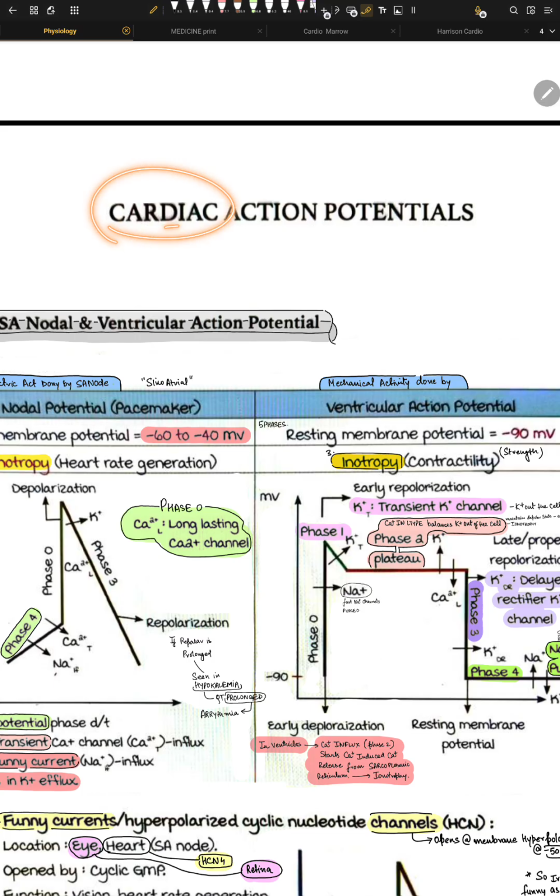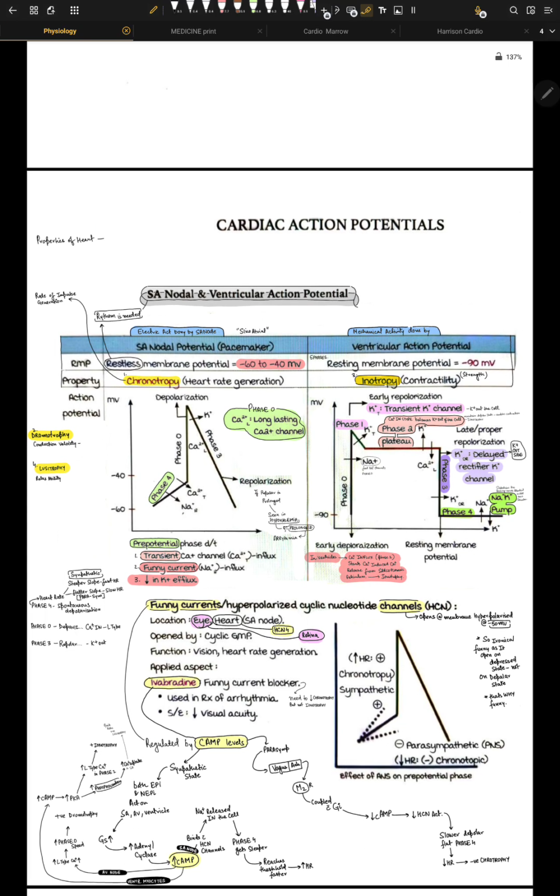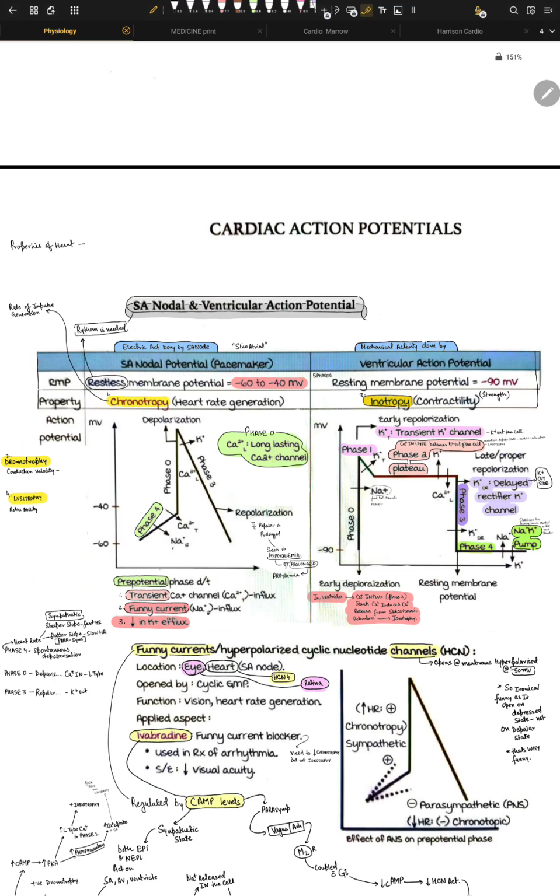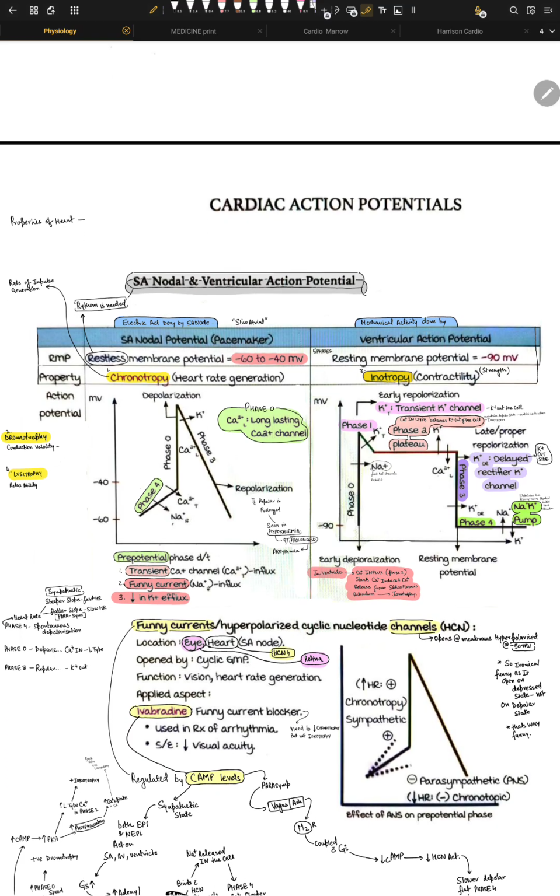Okay, so cardiac action potential. This was cardiac action potential in simple words. The simple sequence is that the resting state of a cell is usually negatively charged, and it gets depolarized, from minus 90 to minus 45 or maybe minus 40, whatever it is, and then it repolarizes to minus 90, and this is one action potential.